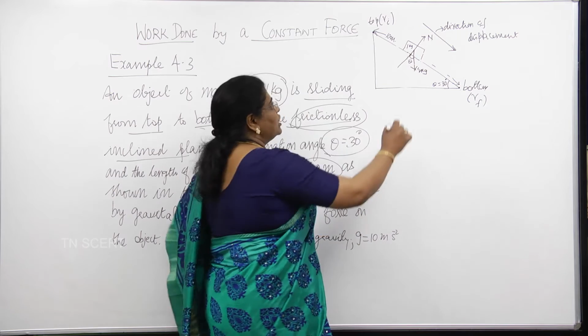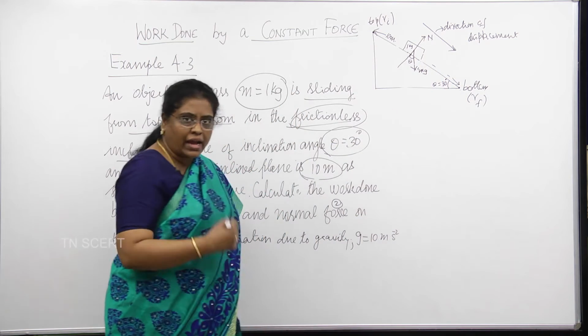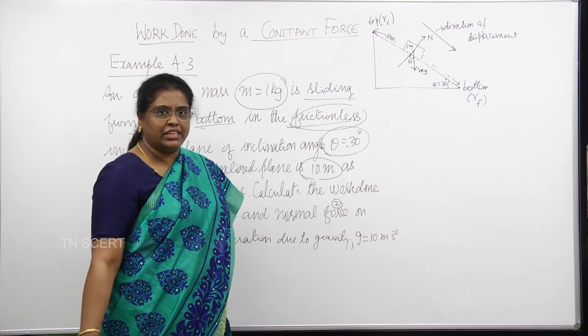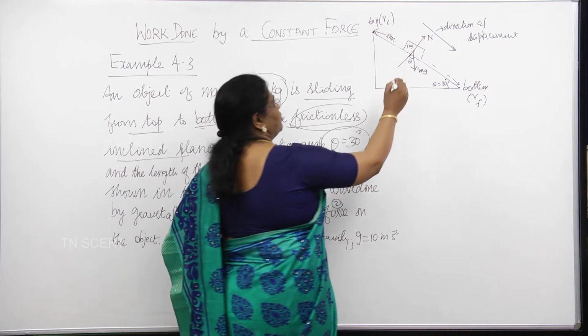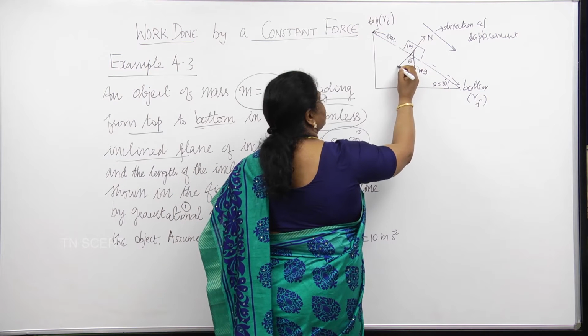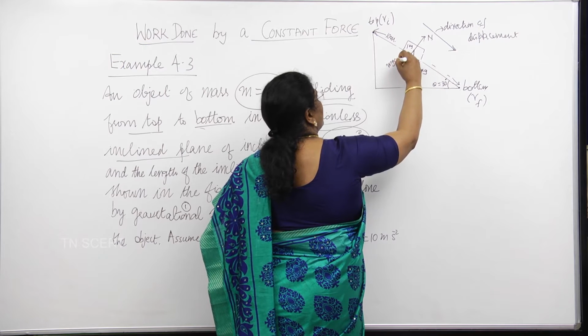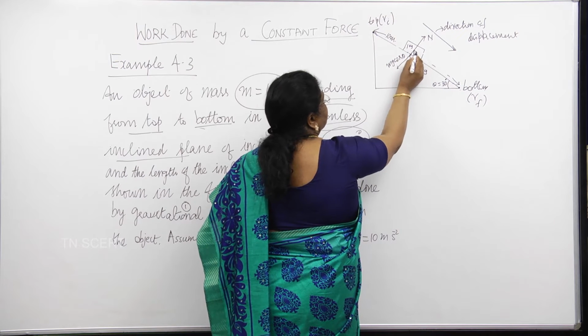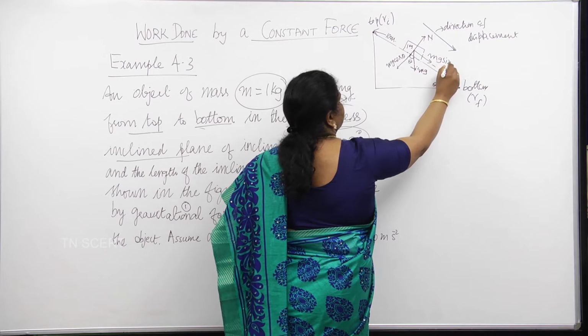Therefore, not the complete mg is going to act on the object in displacing it, but only a component of it. So, how can we take the component? If this is theta, this parallel component is mg cos theta, and this component is mg sin theta.